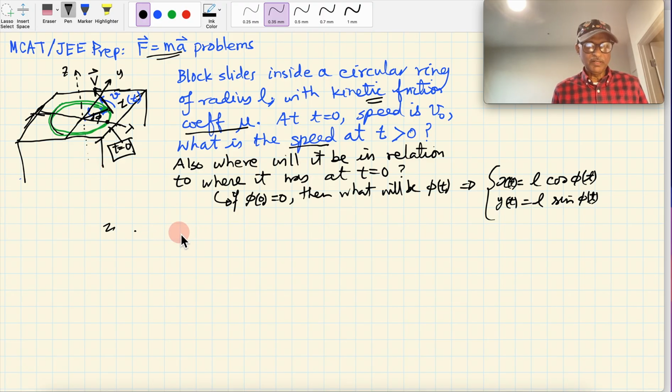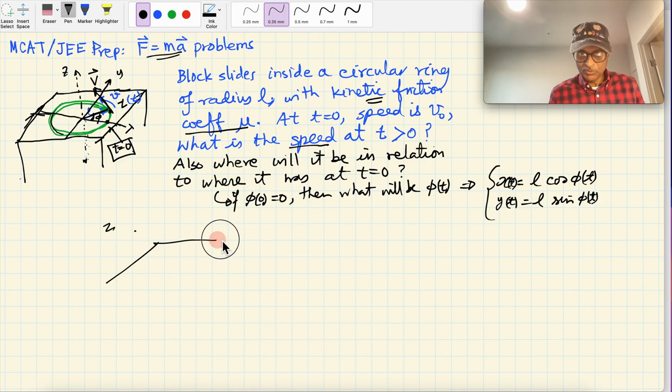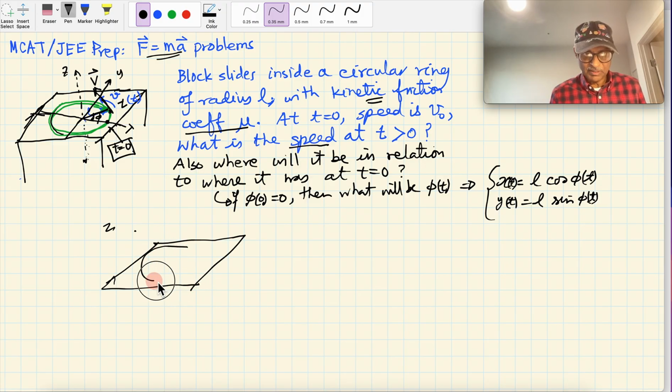So if I'm writing the velocity vector at time t, you can see the g you can ignore, right? G is down like this, so we don't need to worry about g. I will continue to draw this way, because it's hard to see a circle here.